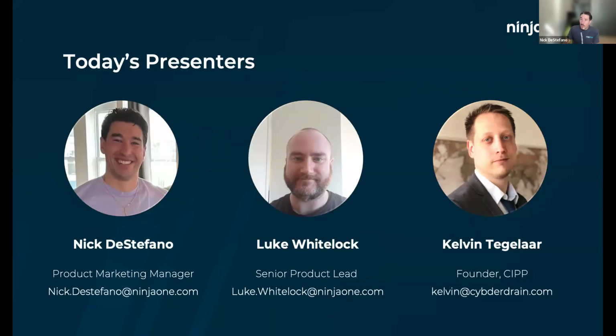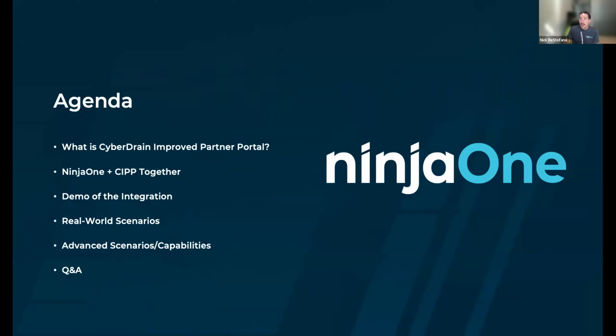So we're going to go over a little bit of an agenda here. This is what we're going to walk through today. I'm going to hand it over to Kelvin to introduce the CyberDrain Improved Partner Portal. Then Luke and Kelvin will talk a little more about NinjaOne and CIPP together, and what this integration is.